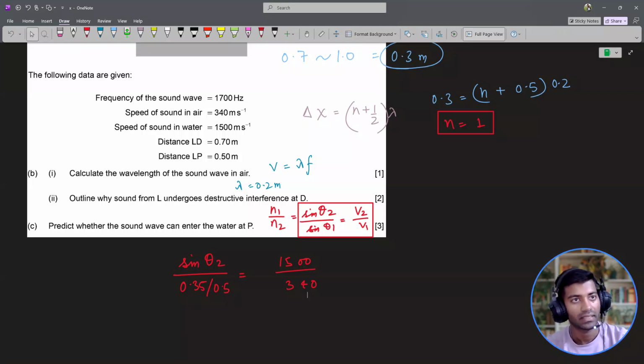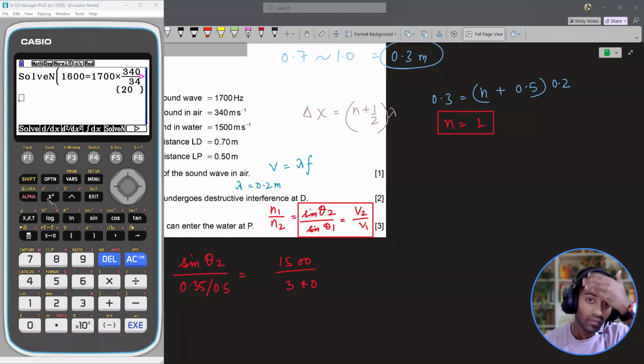So we'll bring back the calculator. All right, and solve again. Sine, wait, are we in degrees? Yes, you have to make sure that you're on degrees or radians as per the requirement of the problem. Fine. So we are already in degrees as it has been indicated here on the calculator.